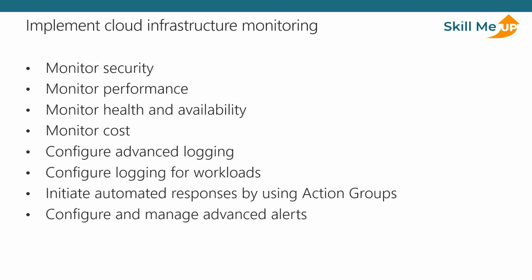And then finally, there's configuring the advanced logging. In those particular environments, we're talking about actually setting up your virtual machines to log in there, as well as potentially third-party environments. You can set up syslog to come into the log analytics and getting the data.